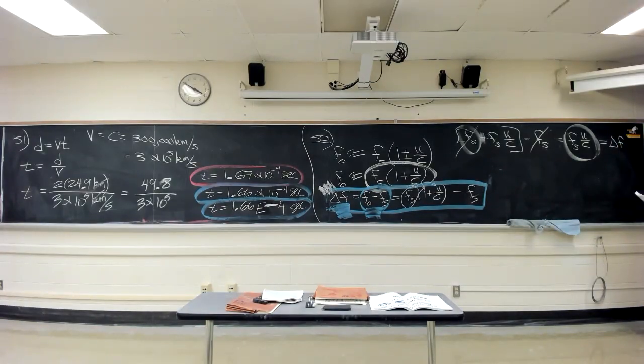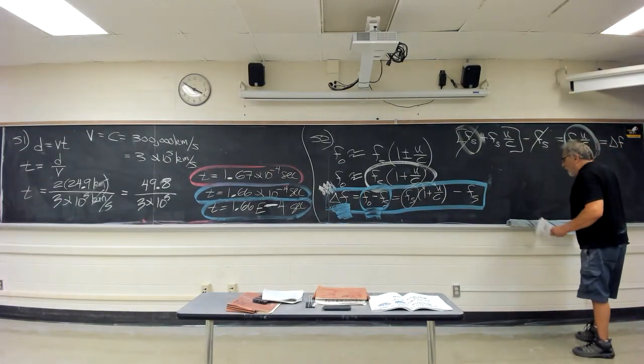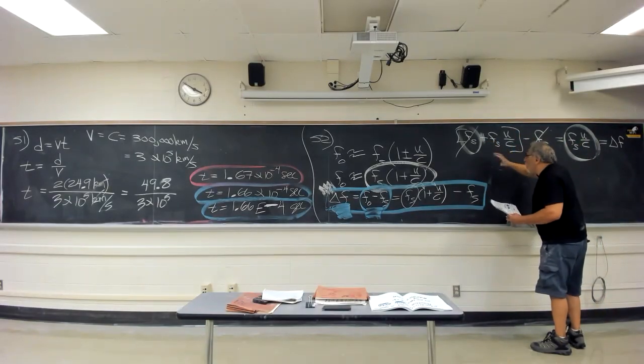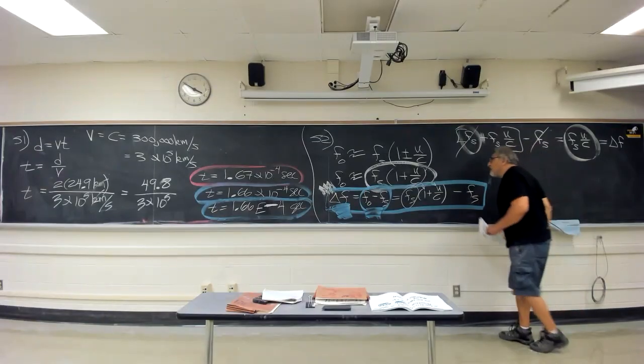Now, if u is a positive number, we regard u as positive if they're going toward each other. So you can always leave it as plus right here, or you go plus or minus. There's so many ways to write this, guys, actually.